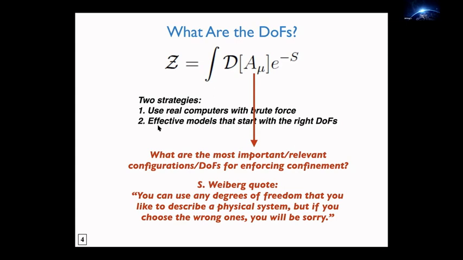You use emerging degrees of freedom, the nucleon and the pion and so on, right? So we already have many good examples where you should use the right degrees of freedom. And there is this famous quote from Weinberg, who said that you can use any degrees of freedom that you like to describe the physical system, but if you choose the wrong one, you will be sorry, basically. Okay, so these are just some motivating talking points.